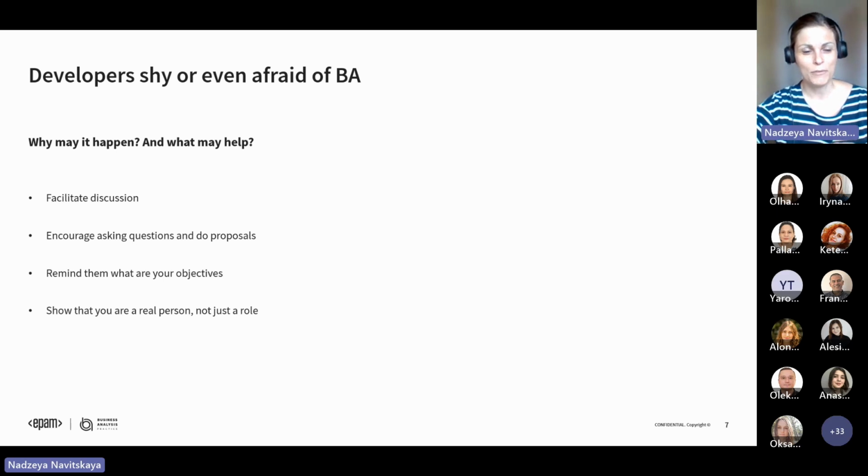What may help if they're shy or afraid of business analysts? Of course, always facilitate discussion, even if everyone is silent or saying, okay, we understand the requirements clearly. Believe me, I have never seen a situation when a developer receives a user story, asks no questions because he knows everything, and everything goes 100% fine.